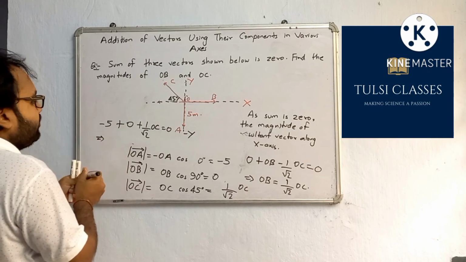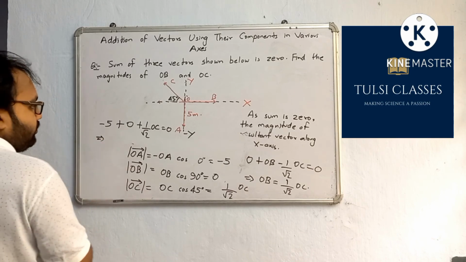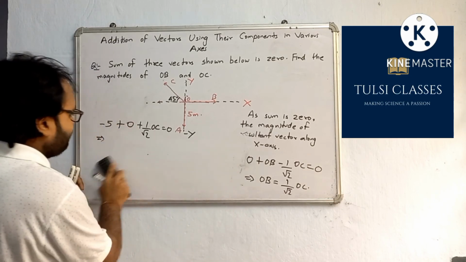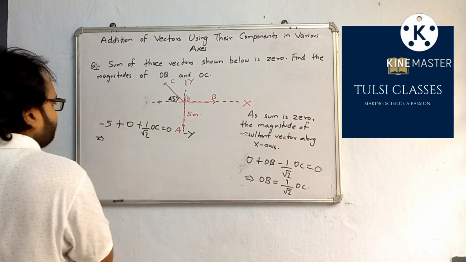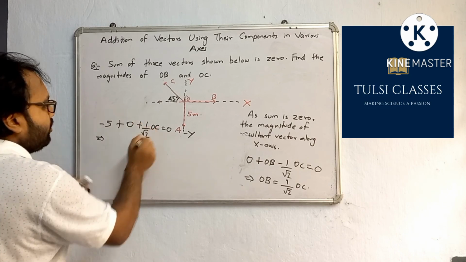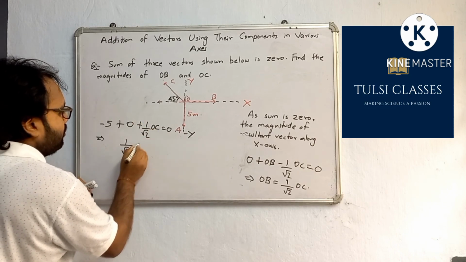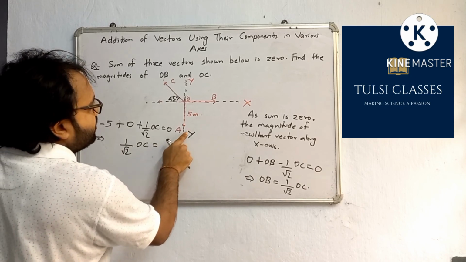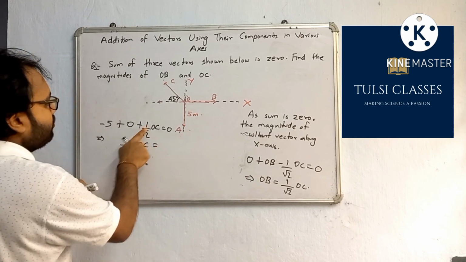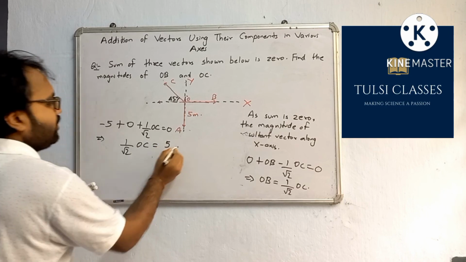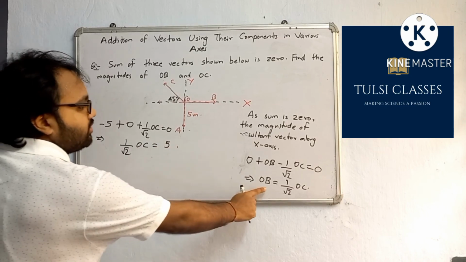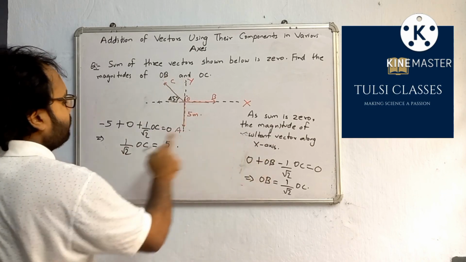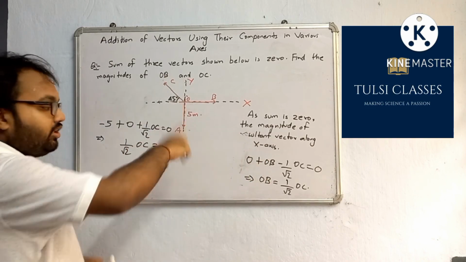From here you will get 1 by root 2 OC is equal to 5. Now we have got the 2 answers: OB is equal to 1 by root 2 OC, and 1 by root 2 OC is equal to 5.